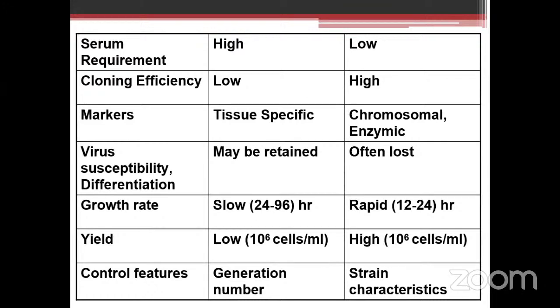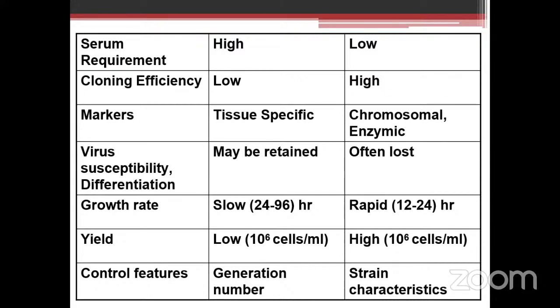Whereas the continuous cell lines exhibit chromosomal and enzymic markers. Virus susceptibility and differentiation may be retained in finite cell lines, but are lost in continuous cell lines. Growth rate is slow in finite cell lines, whereas it is rapid in continuous cell lines.